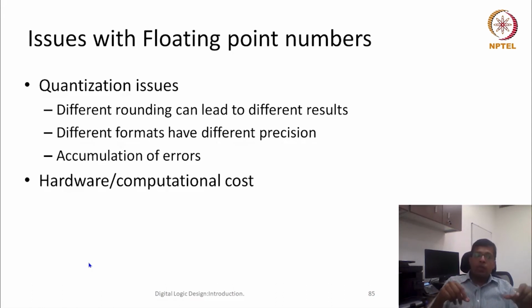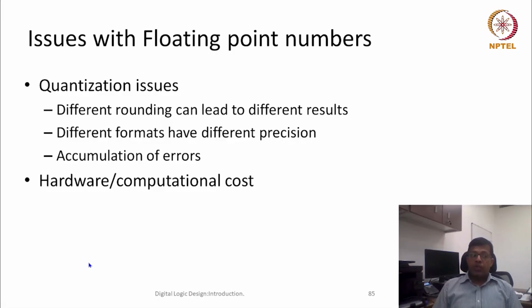At many places we keep on doing computation, and let's say the computation is multiplied with some large number. The approximate error would be magnified by the multiplication factor. So this accumulation, because of multiplication, addition, subtraction, every operation will introduce its own error, and those errors will get magnified when we have multiplication or division operations.